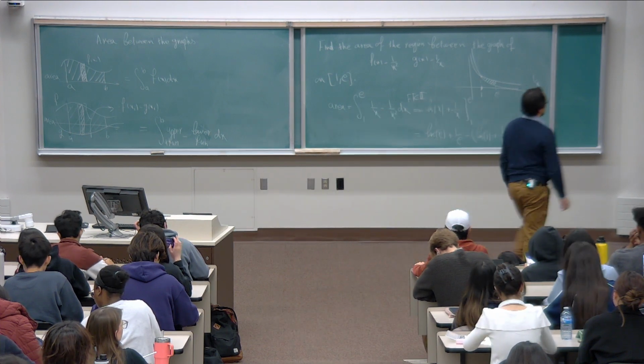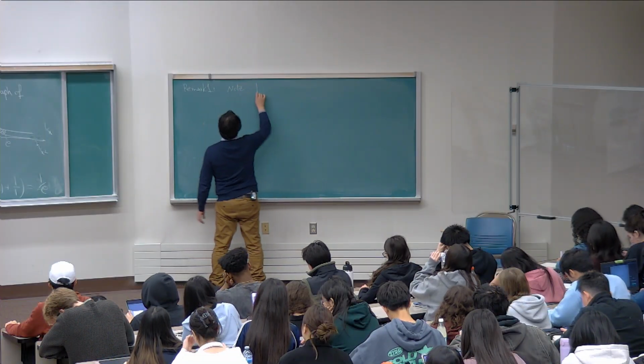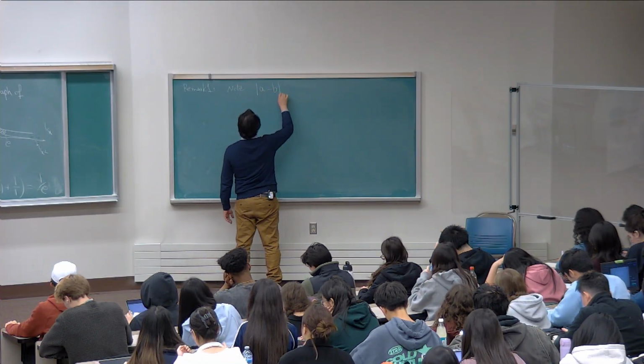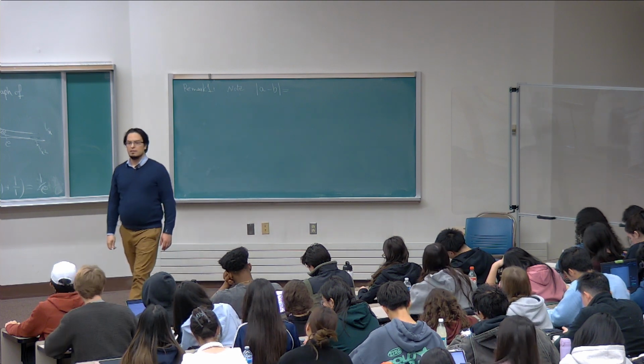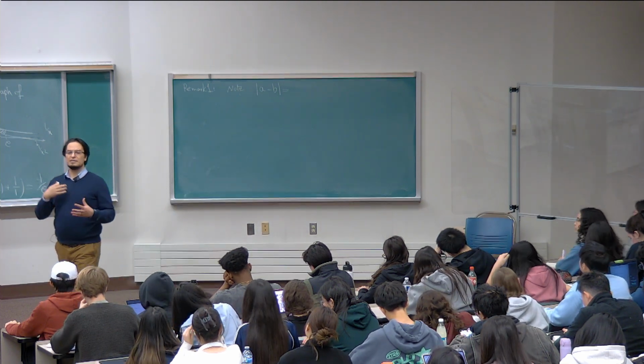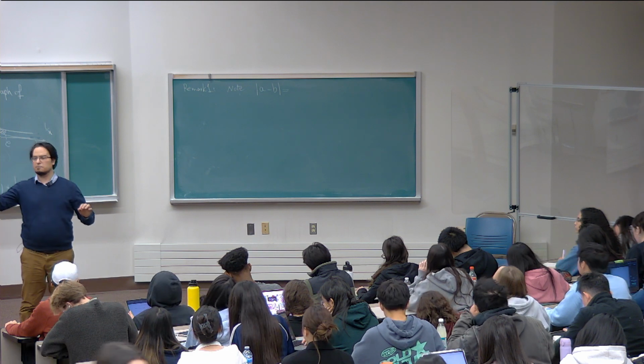So, in other words, if I have A minus B, the absolute value of A minus B, it will always turn the values to the larger one minus the smaller one.